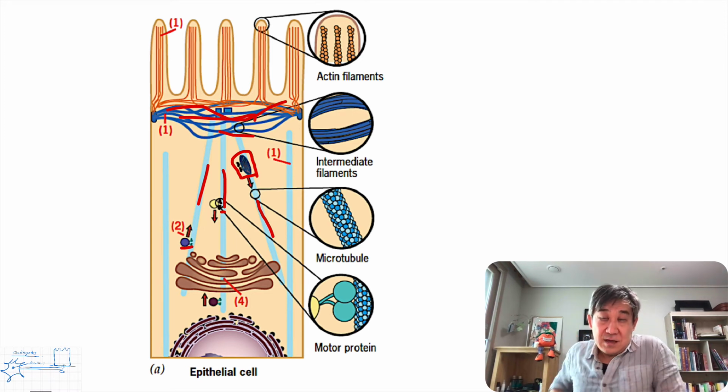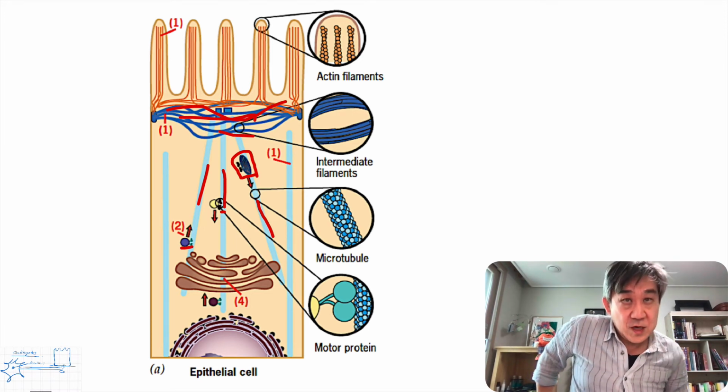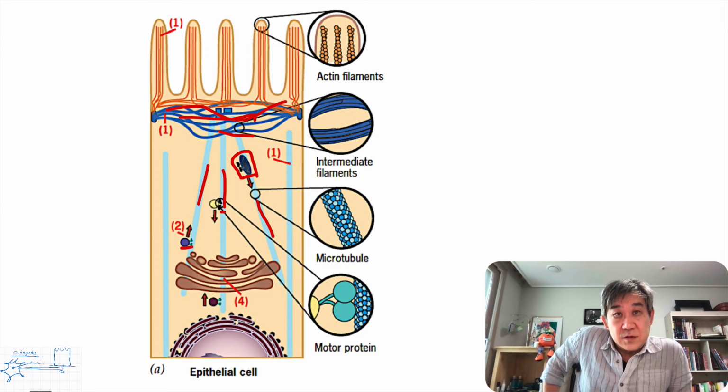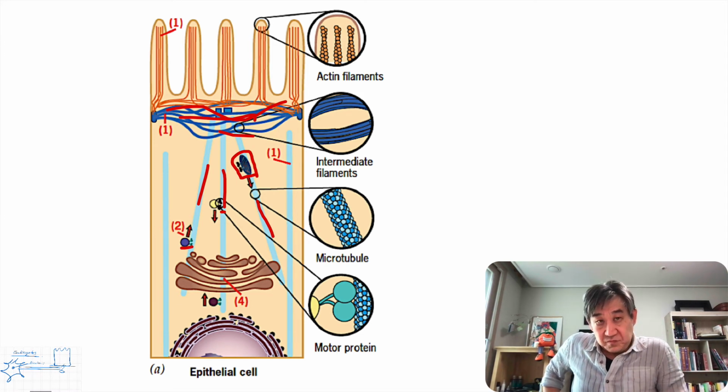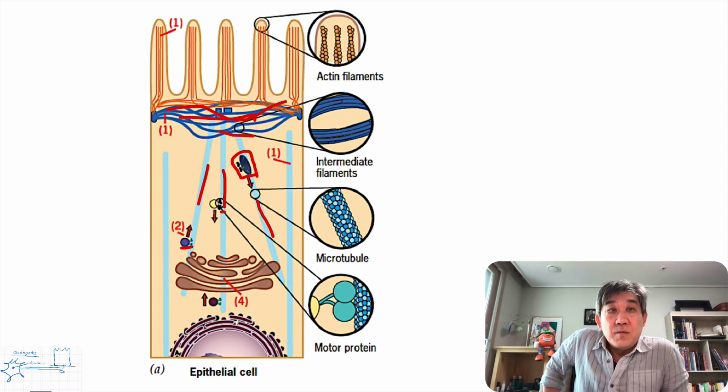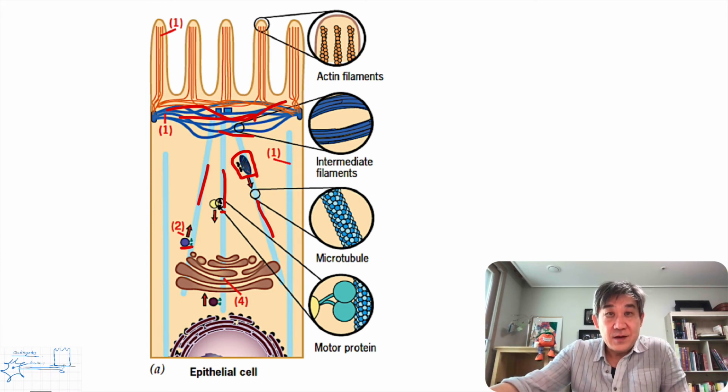So in other words, all these different transport vesicles, or in some cases organelles, are not moving from one place to another freely, but have to exactly follow the path as a track.